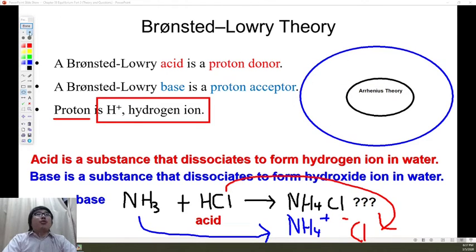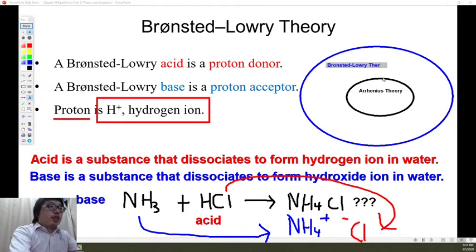Right here, this is Bronsted-Lowry theory. So you can see that the previous definition you learned is expanded. All Arrhenius acids are Bronsted-Lowry acids.